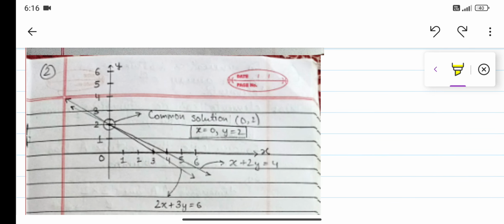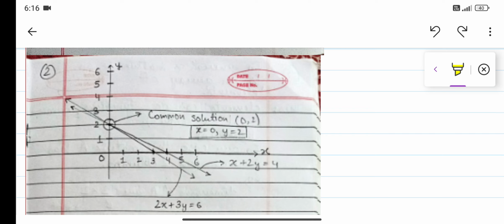Here is our x-axis and y-axis, and we have marked the various numbers on the x-axis: 1, 2, 3, 4. Each unit is of size 1 on both the y and x-axis, right? So we plot both equations, 2x plus 3y equals 6 and x plus 2y equals 4, on our graph, and we will see where these two lines meet.